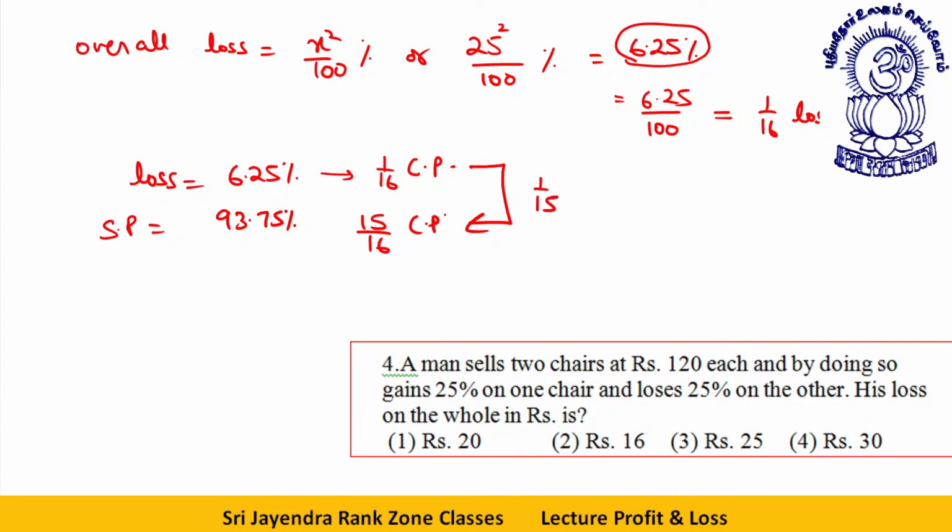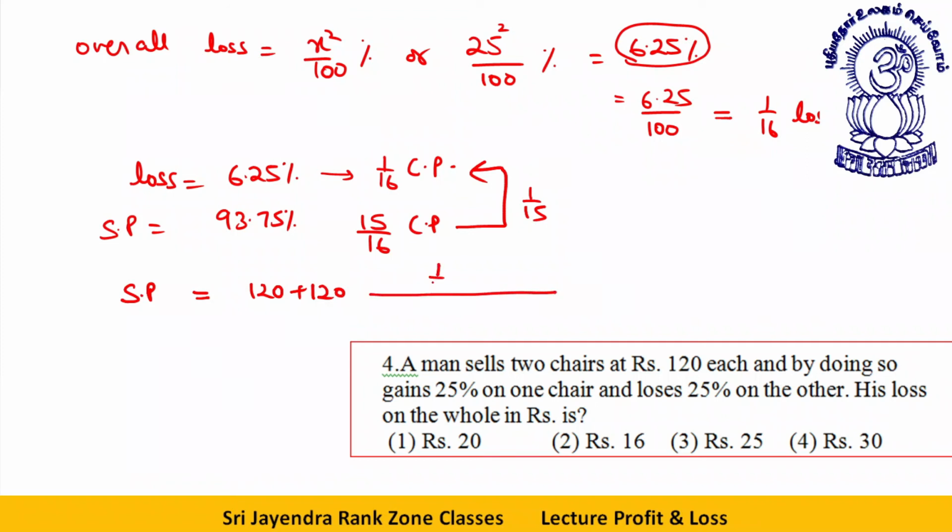The loss is 1 by 15th of the SP. SP when multiplied by 1 by 15 will give you the loss. Now what is the SP? SP is equal to 120 plus 120.